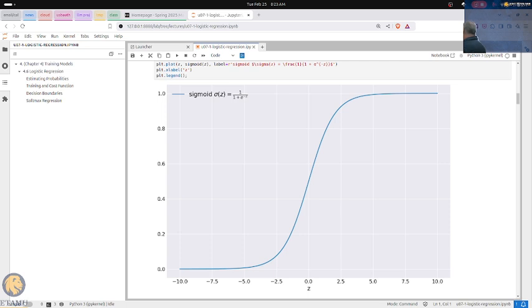So that has a nice property when we're doing classification, is that now we can take the result of what we had before and put it through this additional step, and it will just directly give it into a range that makes more sense for a binary classification, something between 0 and 1, right?